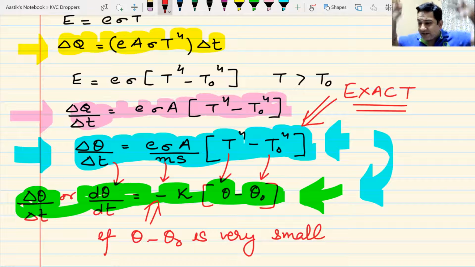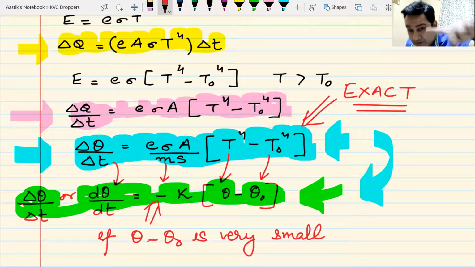Do we understand this? Can I have some raise hand that we understand this? So Newton's law of cooling, if a question comes, please mark my words and write it. If the question comes, from where is Newton's law of cooling derived? Remember, dear friends, Newton's law of cooling is derived from Stefan's law, the original Stefan's law.